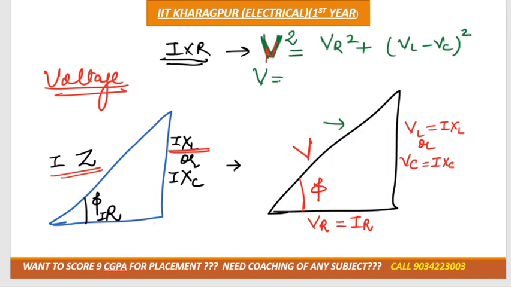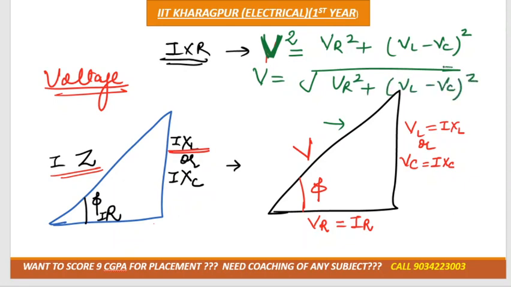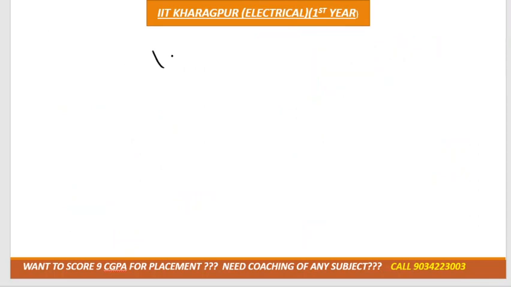So we'll get V equal to the square root of VR square plus (VL minus VC) whole square. Understood? Now if we multiply voltage with the current, then it will be what?